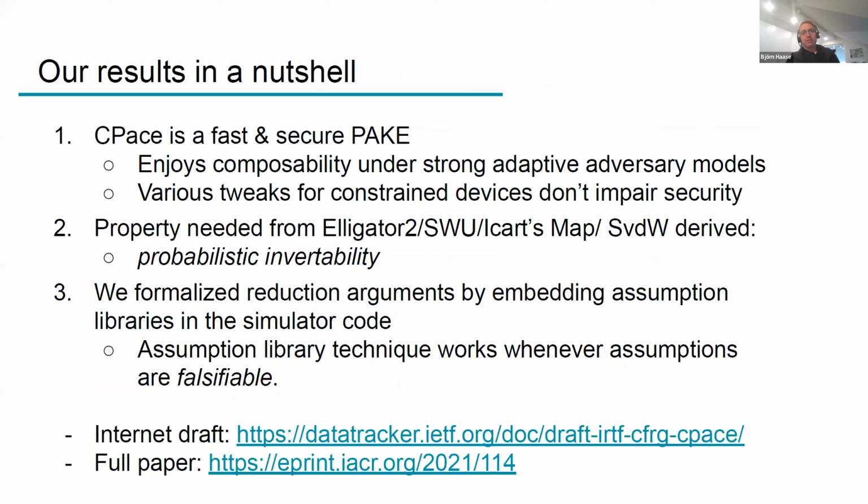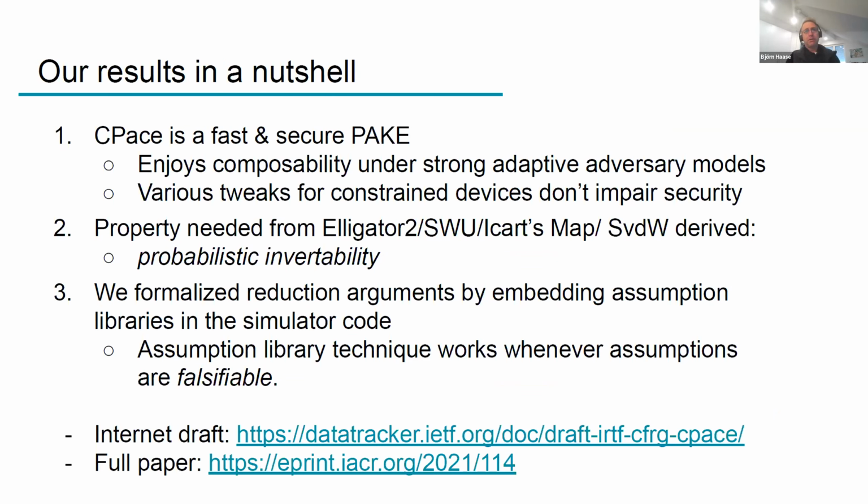So our results in a nutshell, our analysis has shown that CPace is a fast and secure PAKE protocol, which enjoys composability under strong adaptive adversary models, and the various tweaks that were inserted for constrained devices don't impair security.